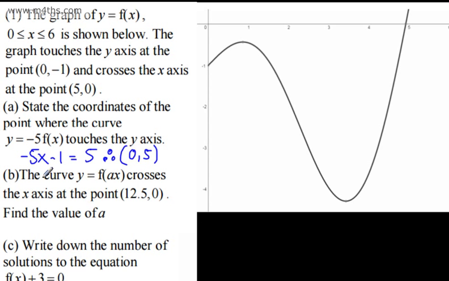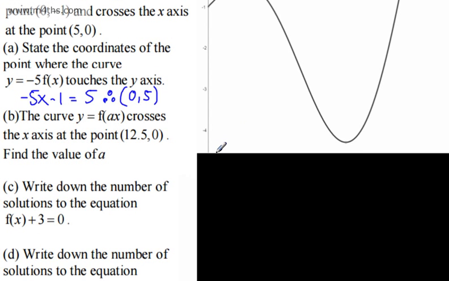In part B, we're told the curve y equals f of ax crosses the x-axis at the point (12.5, 0). We're asked to find the value of a. F of ax is a 1/a scale factor stretch in the x direction. There are lots of different approaches with this question.